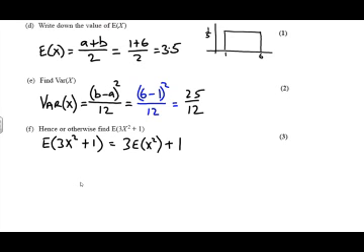That straight away triggered a very useful formula. Variance of x equals the expectation of x squared minus the expectation of x, all squared. Okay, so rearranging this, I should be able to find the expectation of x squared.